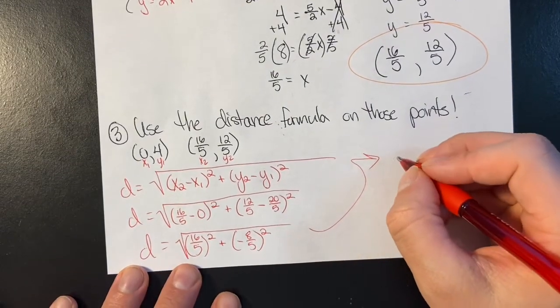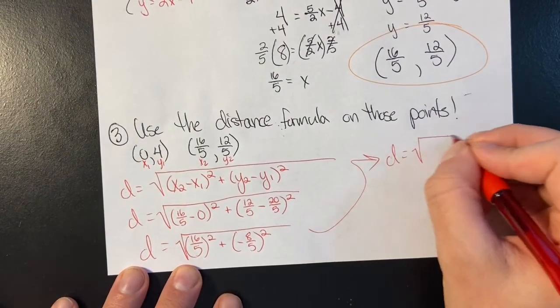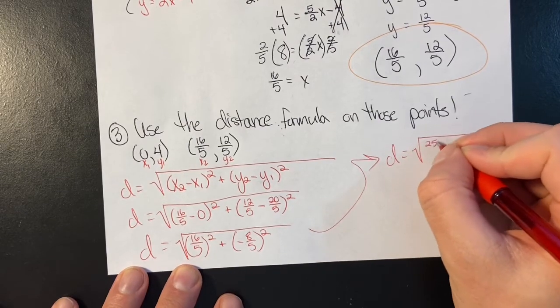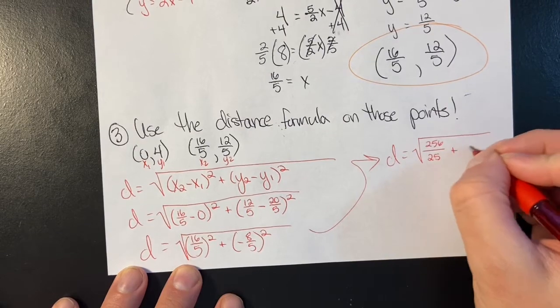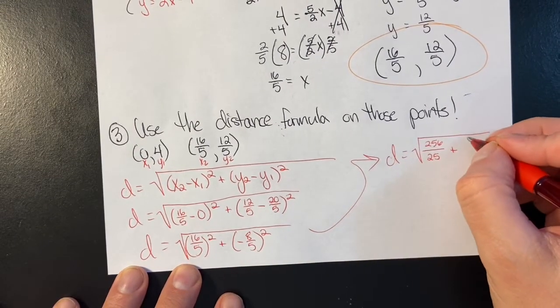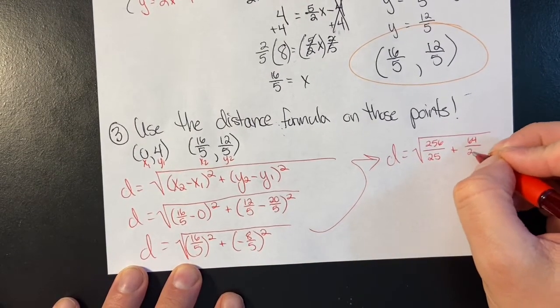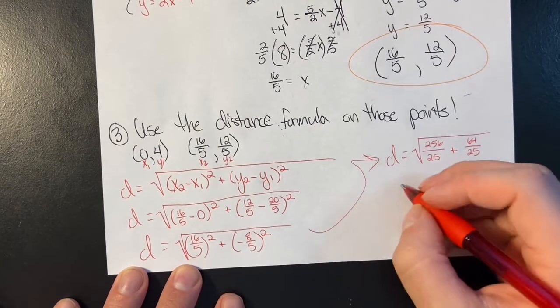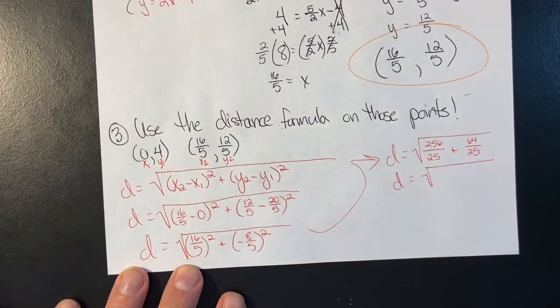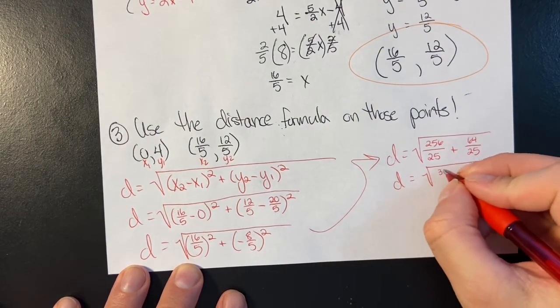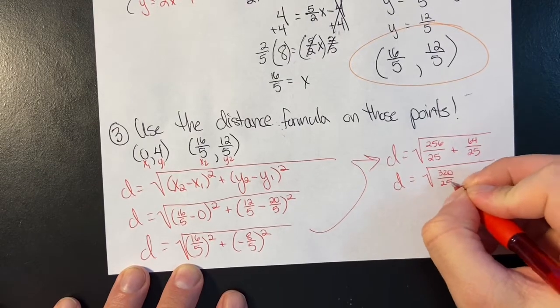So what I have is 16 squared, which is 256, over 5 squared, which is 25, plus negative 8 squared, which is 64, over 25. Combine those. And what is that, 320 on the dot? It is. 320 over 25.